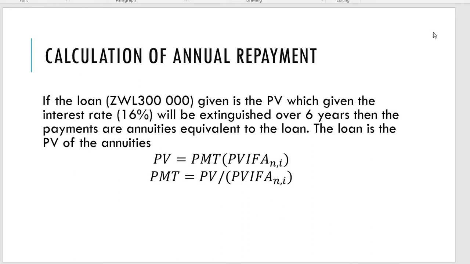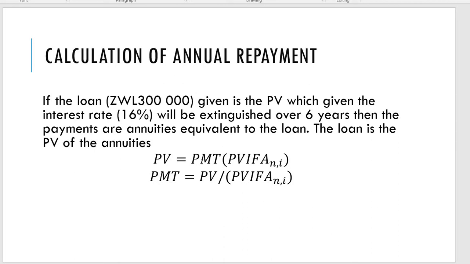Now, we can say PV is equal to A, where A stands for the annuity or the payment, multiplied by that factor. So if this is the case, we can make PMT, our annuity, our installment, the subject of the formula, by just saying PMT is equal to the PV over the present value interest factor of an annuity.